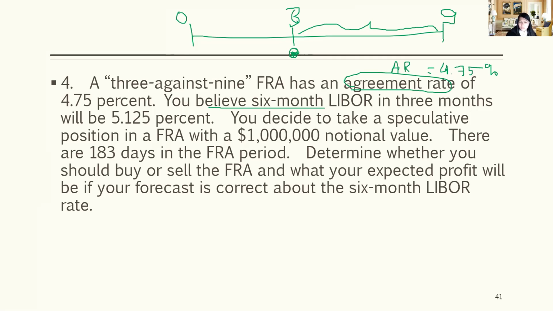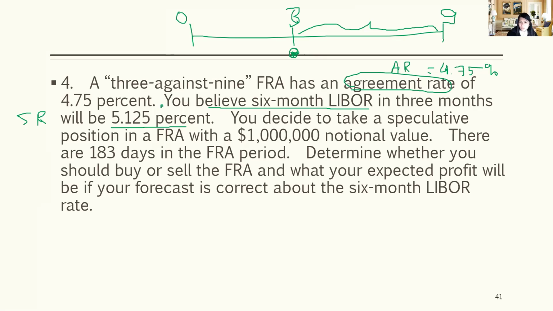The expected settlement rate is going to be 5.125. Okay. So you've got to be careful here. It says that you believe the 6-month LIBOR rate in 3 months' time is going to be 5.125.